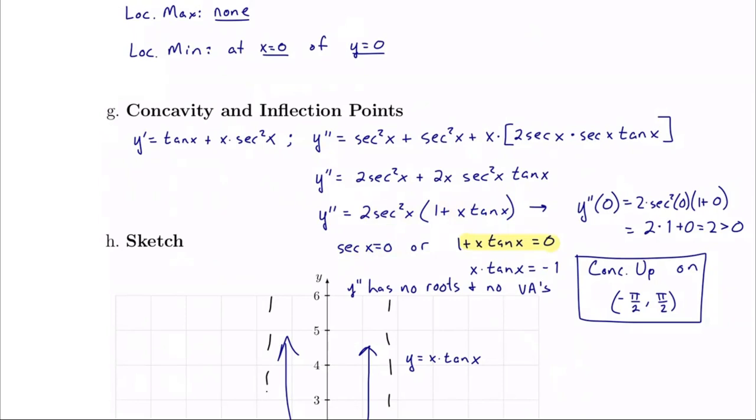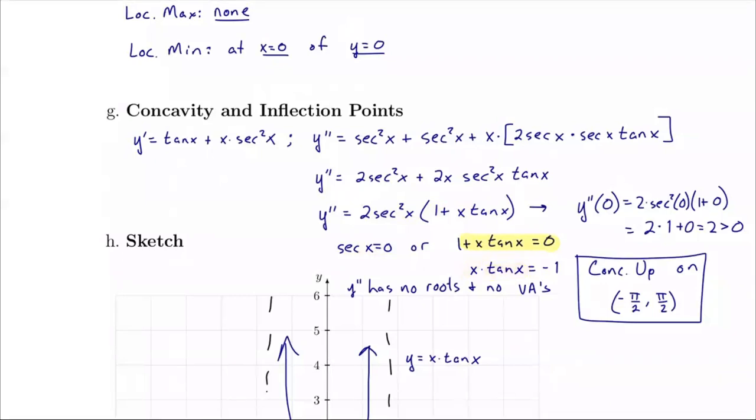We'd have to convince ourselves that this doesn't have any roots either. Some checks would be guessing and checking. If we plug in pi over 4 or negative pi over 4, this is going to be a -1, and we get negative pi over 4 here. So we get positive pi over 4.